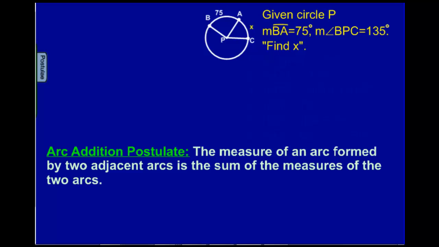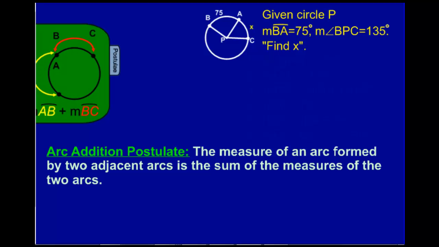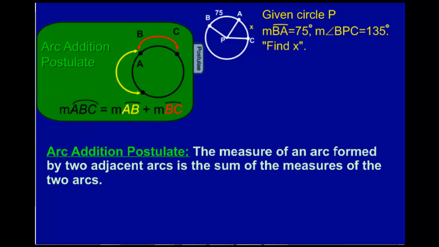Okay, next thing that we have here is called the arc addition postulate. And it says this: the measure of an arc formed by two adjacent arcs is the sum of the measures of the two arcs. Now that's very straightforward, just like early in the year when we did the segment addition postulate. And remember, that word adjacent means next to.